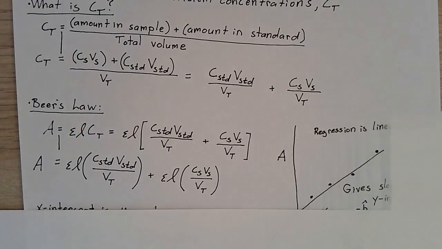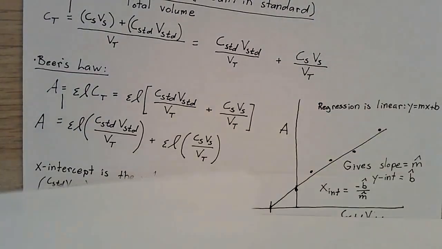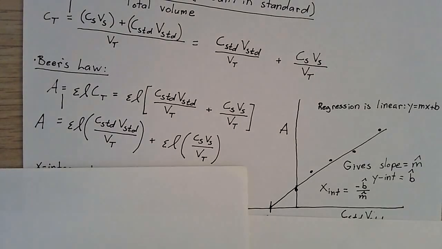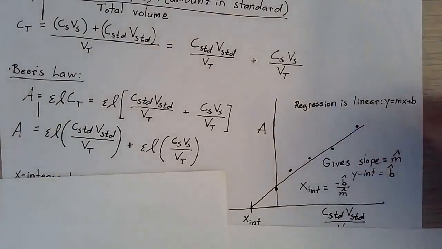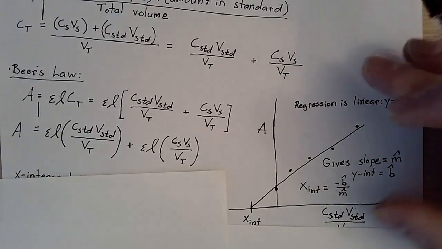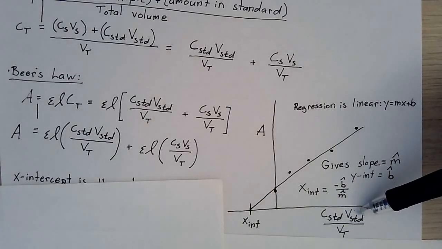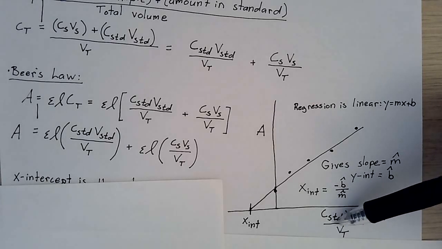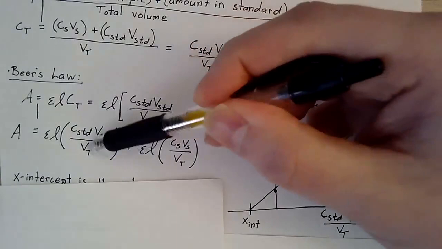So let's look first at an example. I'll cover up this portion here. Let's look first at an example of plotting the absorbance versus the concentration of the standard solution times the volume of the standard solution added divided by the total volume. Just this portion here in parentheses, this whole thing.